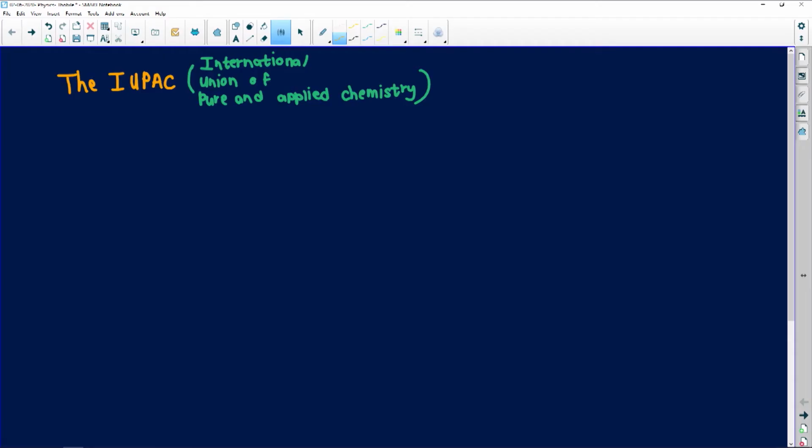They can also ask you to write the acronym, which is IUPAC, or they can ask you to write the full name. So make sure that you have both. In this case, they're asking us the IUPAC name of an organic compound.